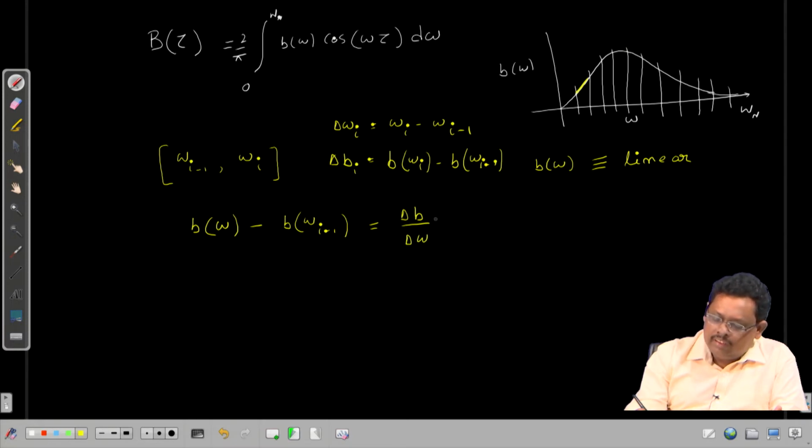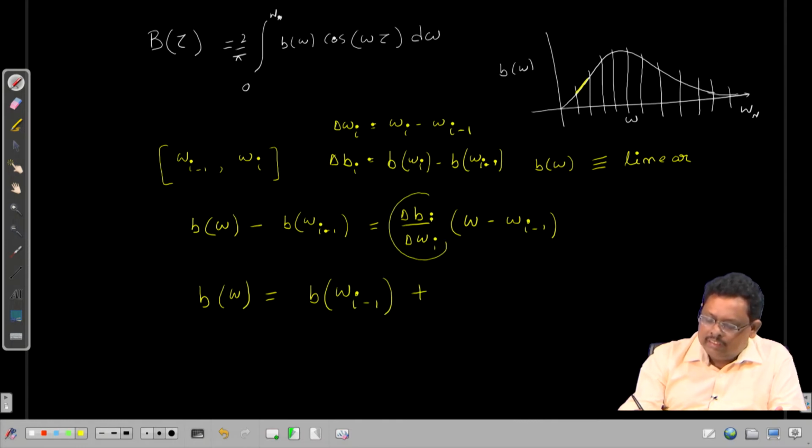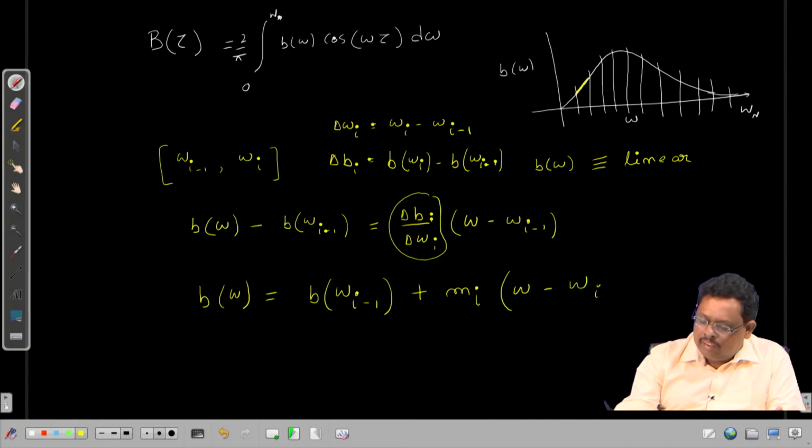You can call this m_i, so I can assume my solution of b(omega) to be b(omega_{i-1}) plus m_i into (omega minus omega_{i-1}).